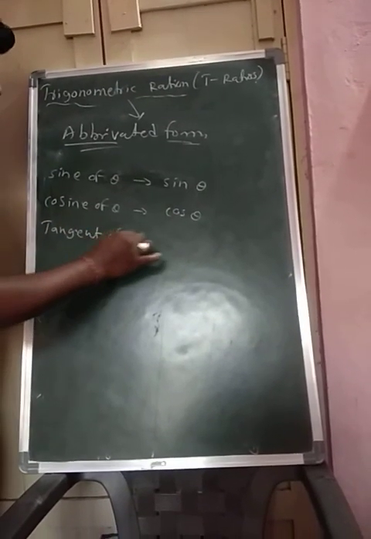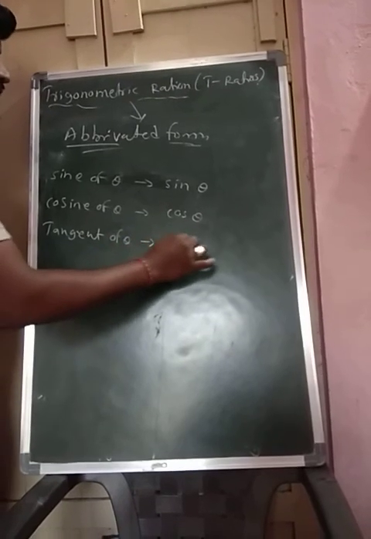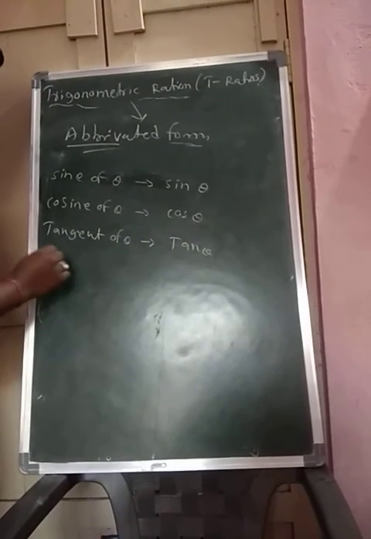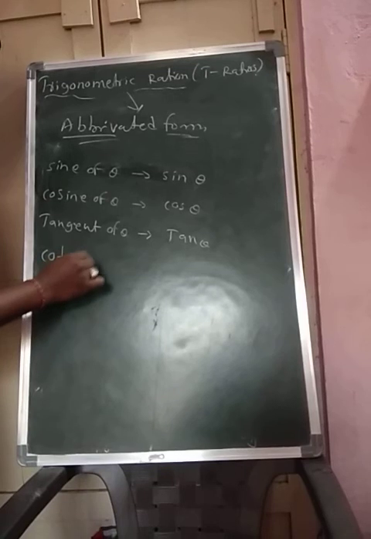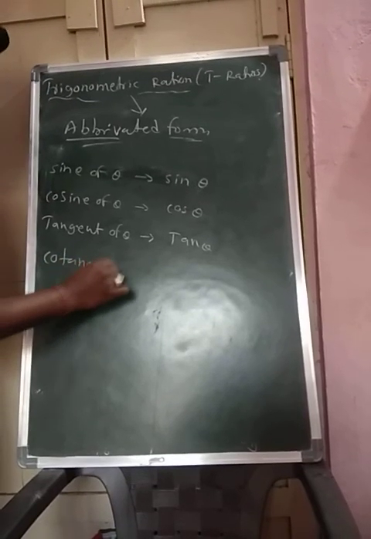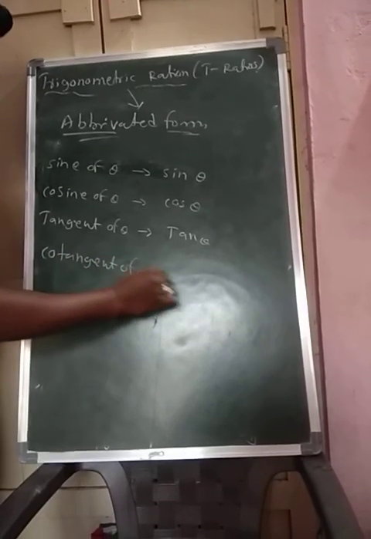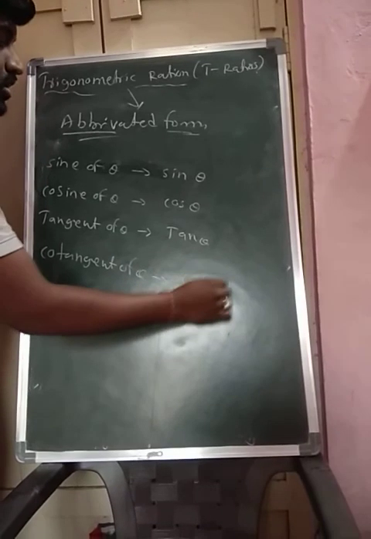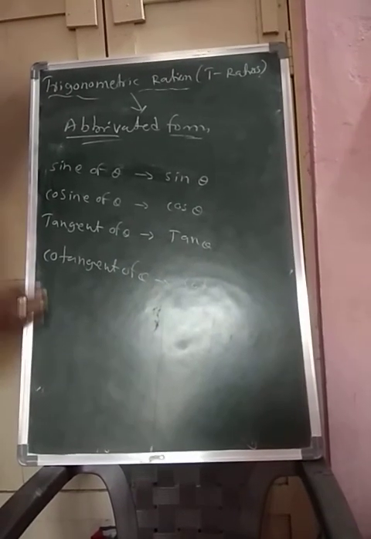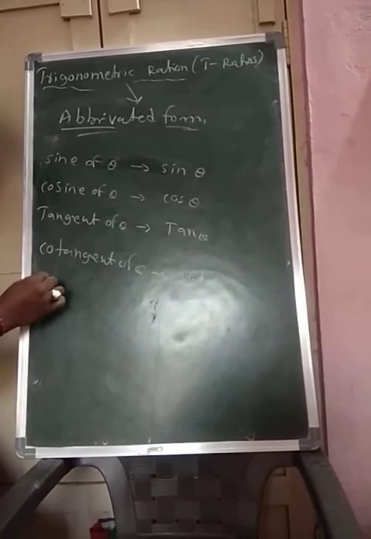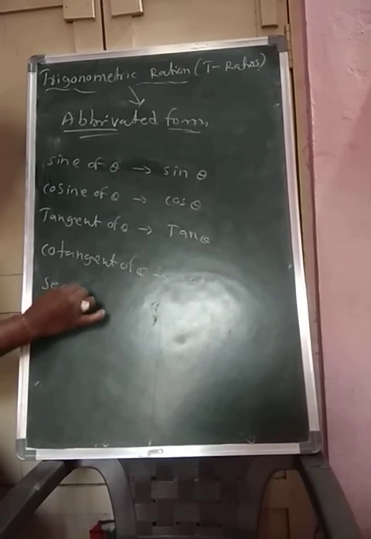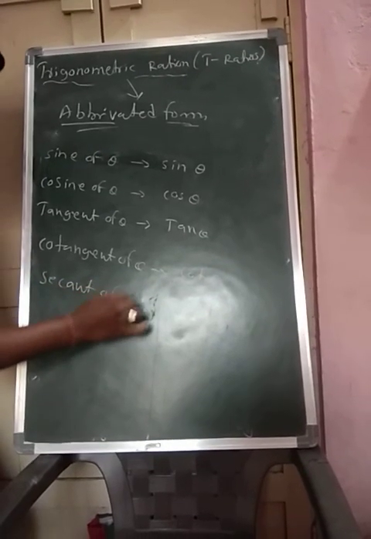Tangent of theta is tan theta. Cotangent of theta is cot theta. Secant of theta is sec theta.